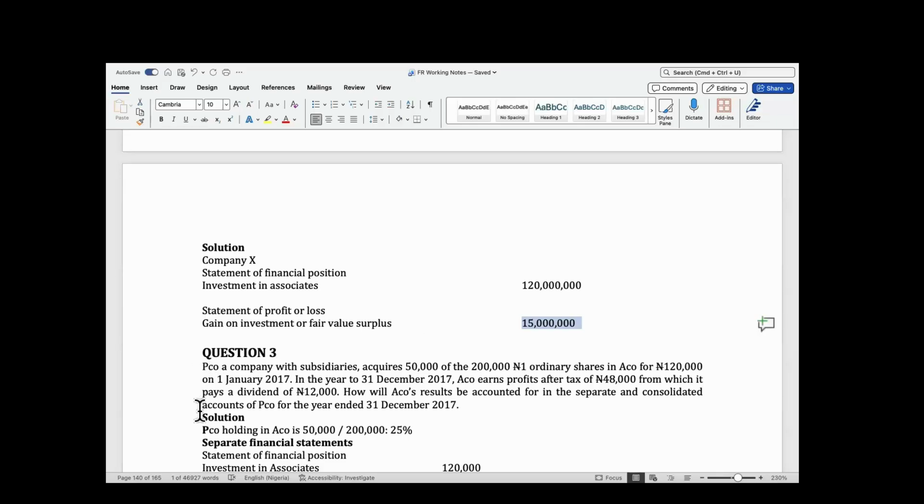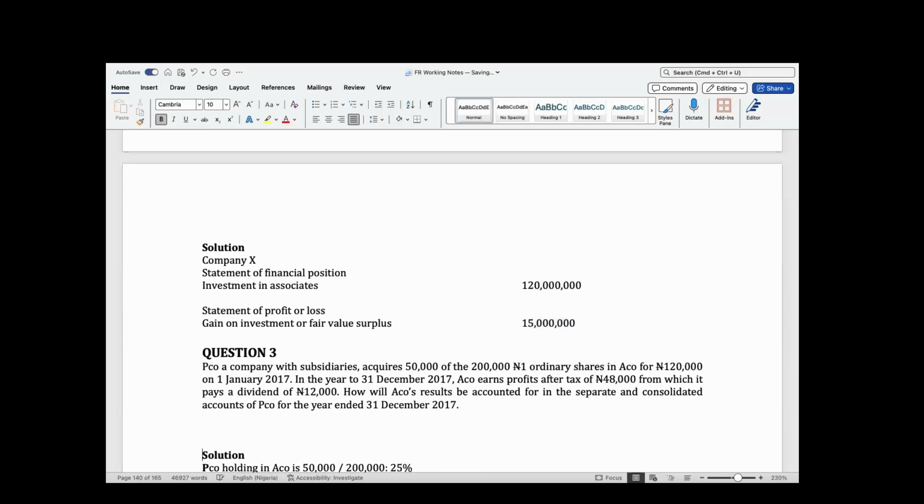So it says Pico, a company with subsidiaries, acquires 50,000 of 200,000 $1 ordinary shares in ECO for 120,000 on January 1st, 2017. In the year to 31 December 2017, ECO earns profit after tax of 48,000, from which it pays a dividend of 12,000.